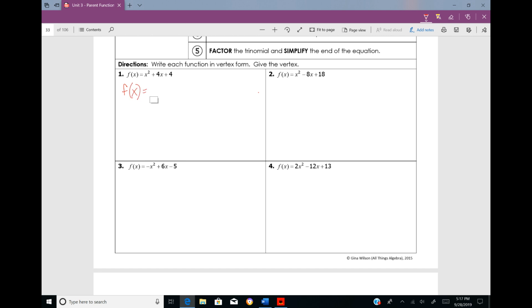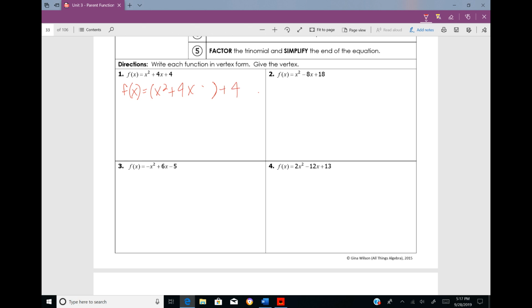Alright, so we're going to group x squared plus 4x. And then put this side here.